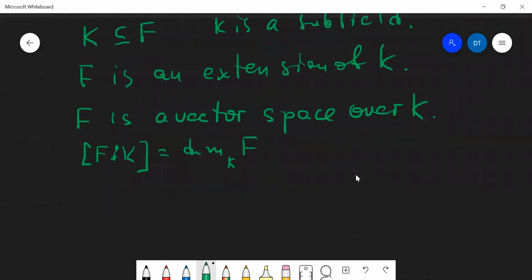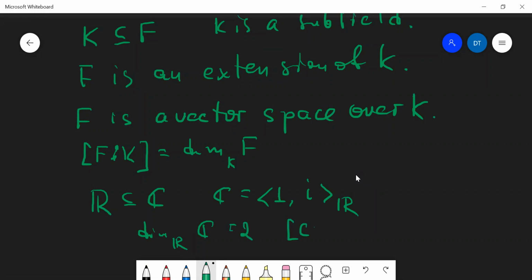And the example we know: R is a subfield of C, the complex numbers, and we know that the complex numbers considered as a vector space over R have a basis 1 and i. So C is a two-dimensional vector space over R. So using this notation, we have [C : R] = 2.